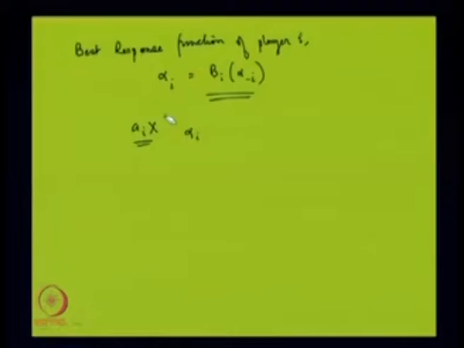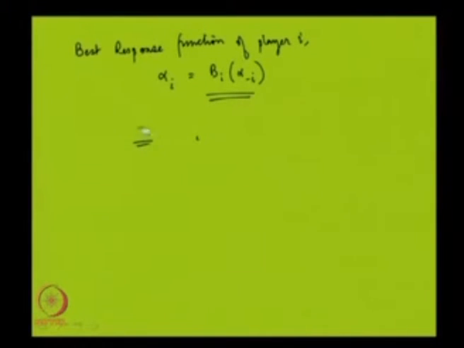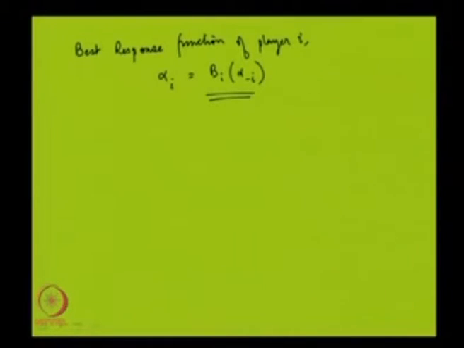Now, if I know the idea of best response functions defined in the case of mixed strategy, then it might be easy to define Nash equilibrium in terms of best response functions. So, how do I define it? It is like before. Alpha star is a mixed strategy Nash equilibrium.